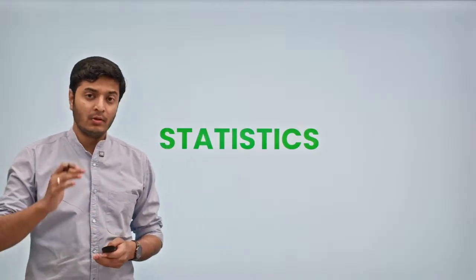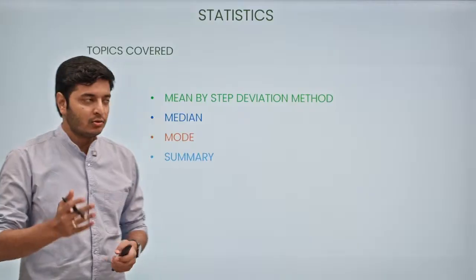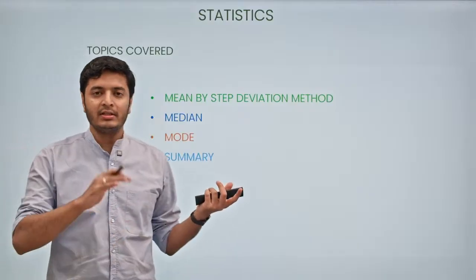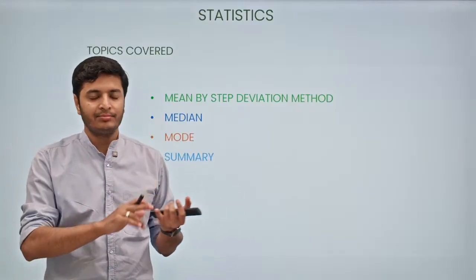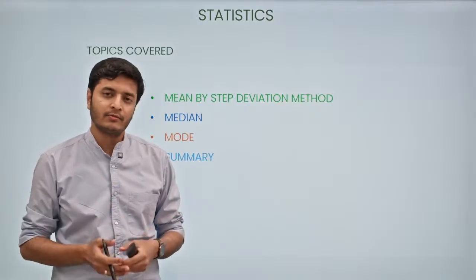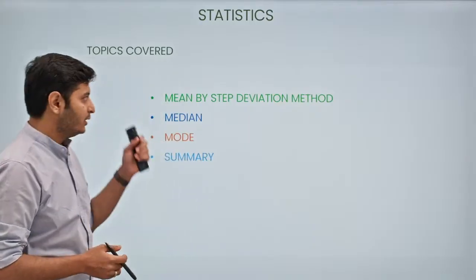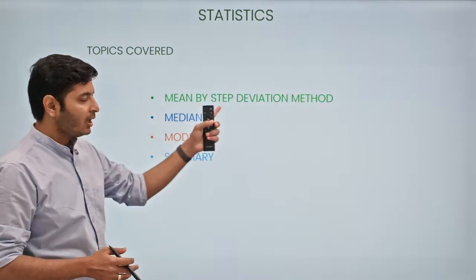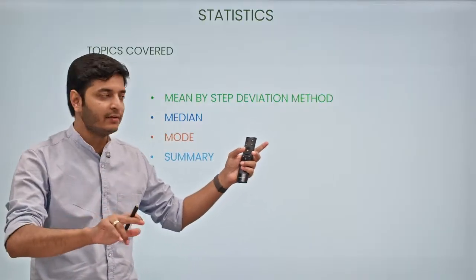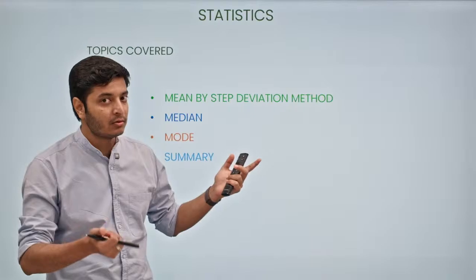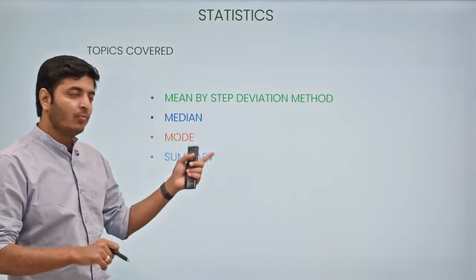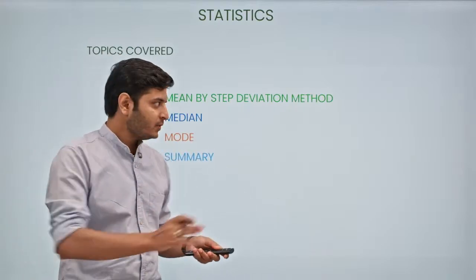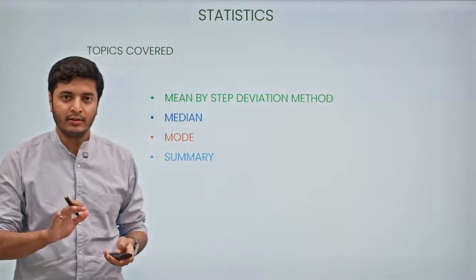There are basically three things that we are finding in this chapter, that is mean, mode and median, the three measures of central tendency. In this session, I'm going to show you how to find the mean using step deviation, then how to find the median of group data, then the mode of group data. So these three topics we are going to study today.